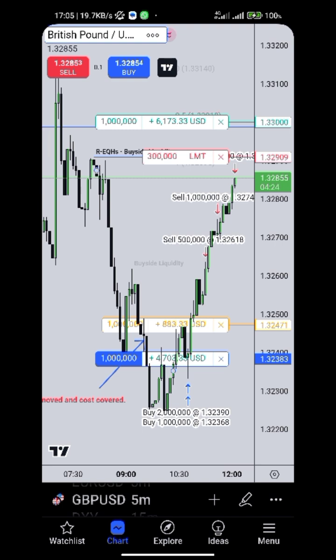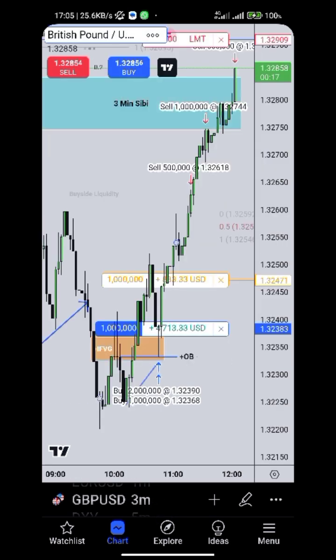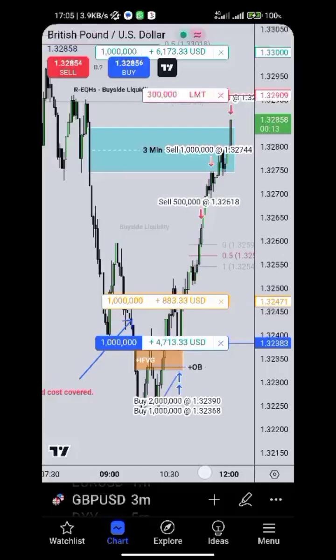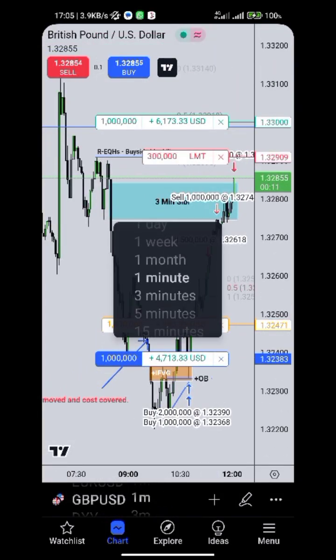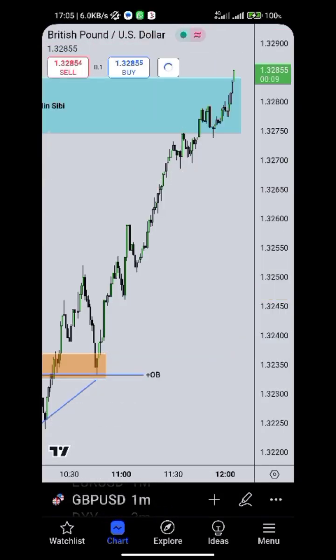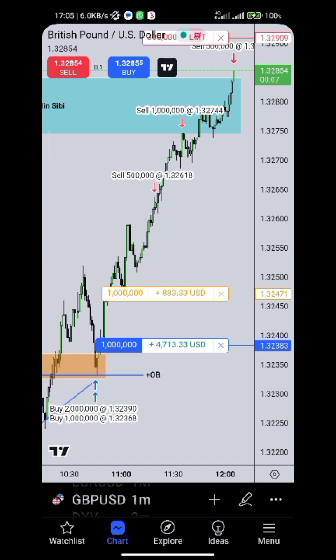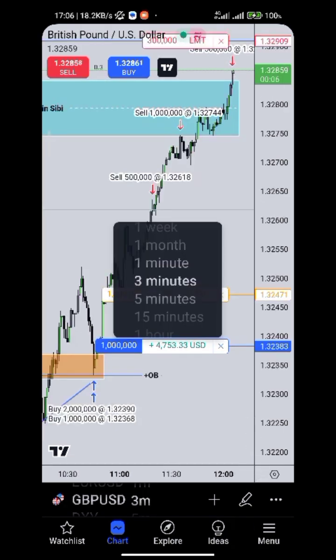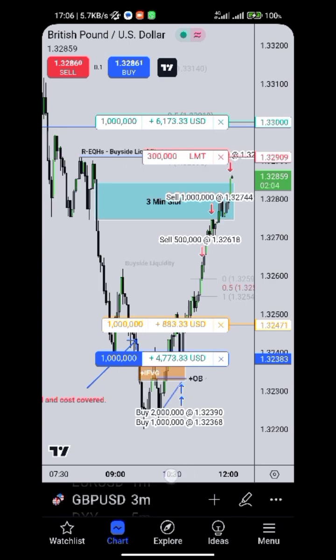I had a little network issues, so the profit, that partial was taken. You can see right there, this very candle did that. Sorry, it's the network. I think the network went off for a while.